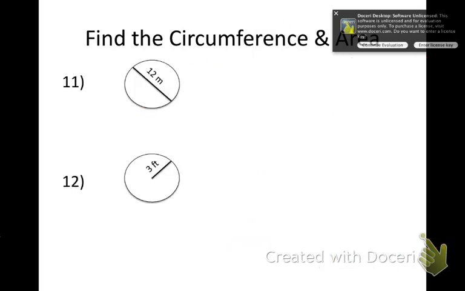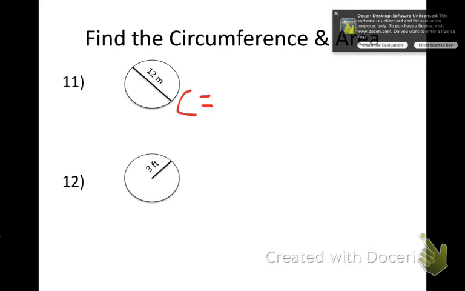Okay, try these two on your own. Leave both of them in terms of pi. All right, number 11. Circumference in terms of pi, that would be what, Jack? 6 pi.